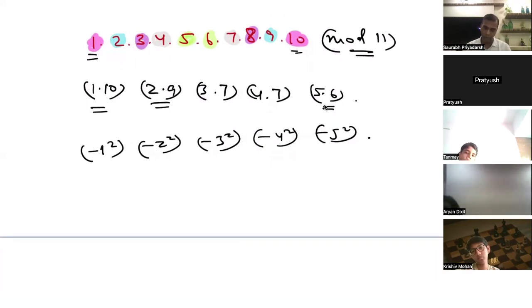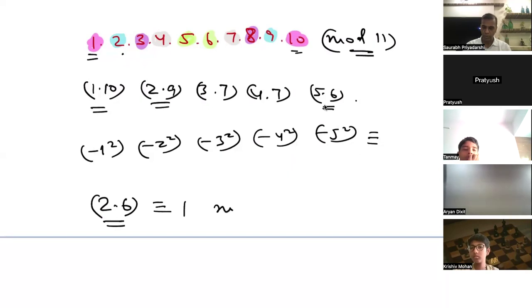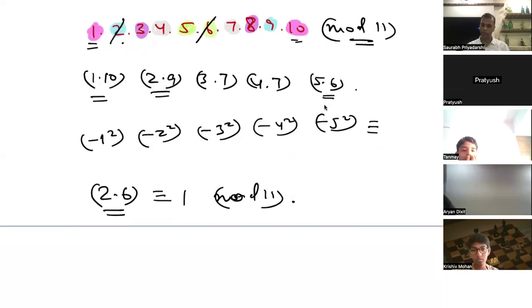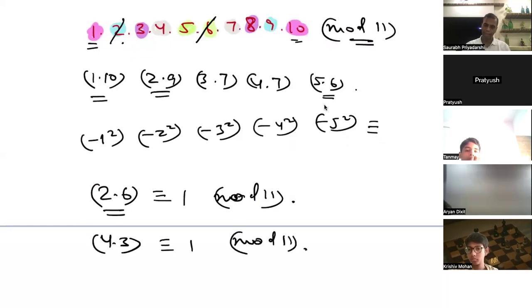If I do the second combination of this, I can say 2 into 6 is congruent to 1 mod 11. Is this okay? 4 into 3 is congruent to 1 mod 11.